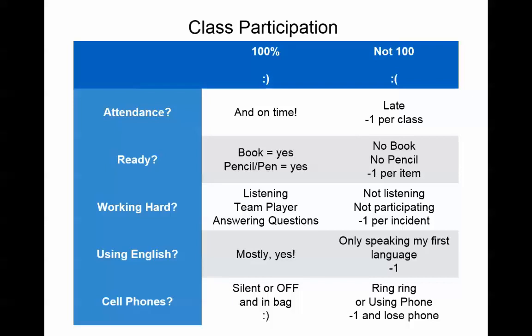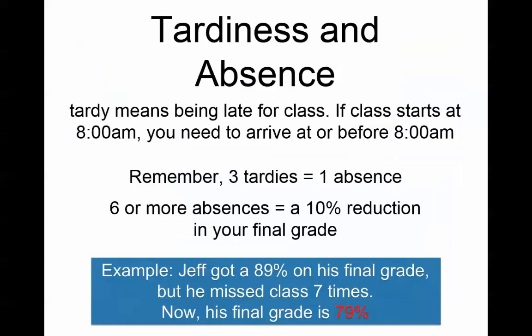We'll talk more about this in class, but I wanted to let you know that it's very important to participate and come to class, be on time, and be ready to go. And that goes for all of our AECI program. In addition, if you are late or tardy 3 times, that will count as 1 absence. And at the very end of our session, if you have 6 or more absences, you will get a 10% reduction in your final grade.